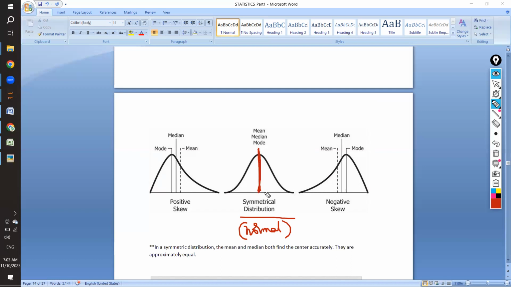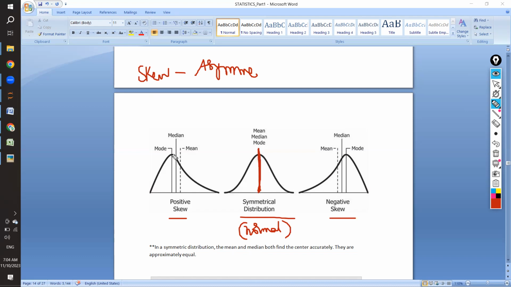Now, the skewness concept is related to asymmetry. If it is asymmetric, that means it is having some skewness, right? So, as I have said, you can have two types of skew: positive skew and negative skew. Actually, the curve should be like this.